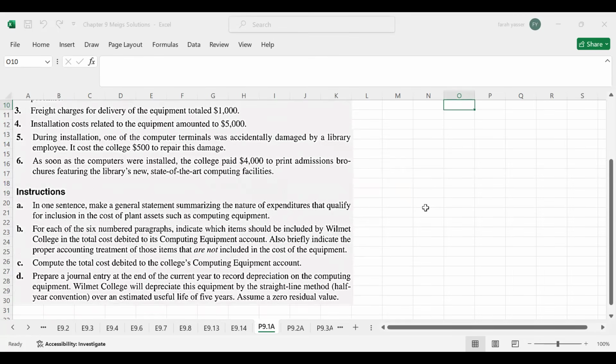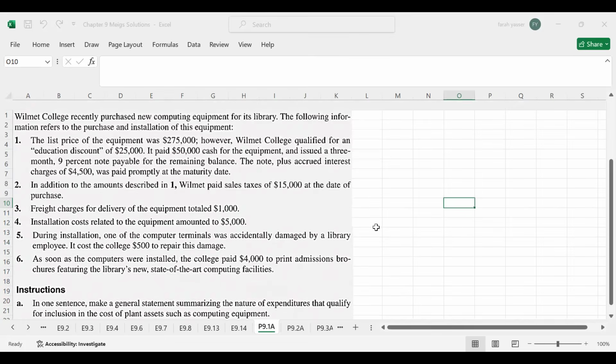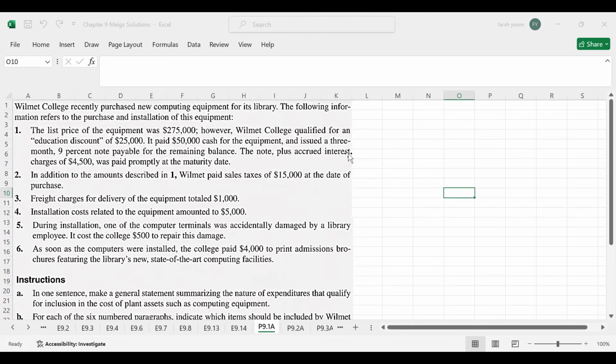Means we will have to differentiate, first of all, the capital expenditure and the revenue expenditure. Capital expenditure means those expenditure that become the part of the asset, the part of the cost of the asset. And the revenue expenditure are those expenditure that are not be included in the cost of the equipment, and we will discuss the accounting treatment of all such items.